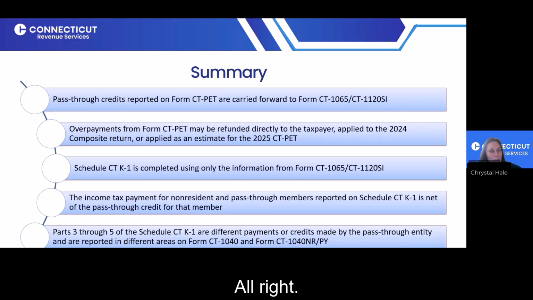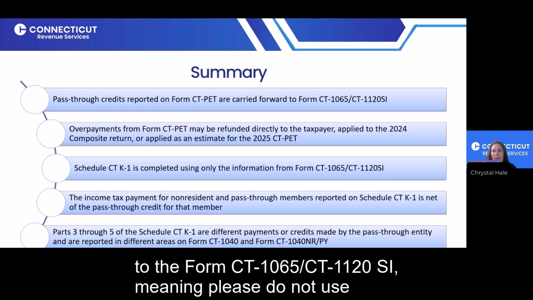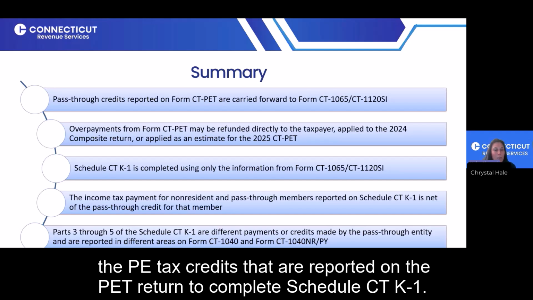All right. The pass-through credits reported on Form CTPET are carried forward to the Form CT 1065 and CT 1120 SI, meaning please do not use the PE tax credits that are reported on the PET return to complete Schedule CTK1.